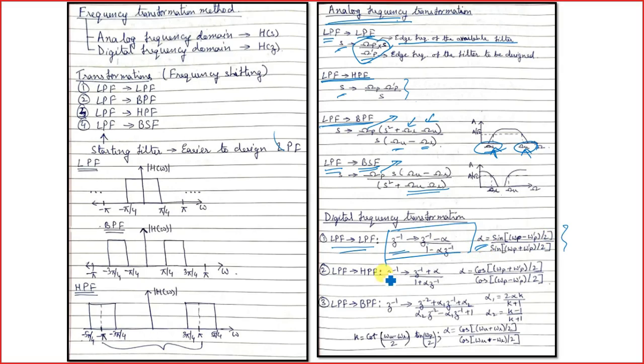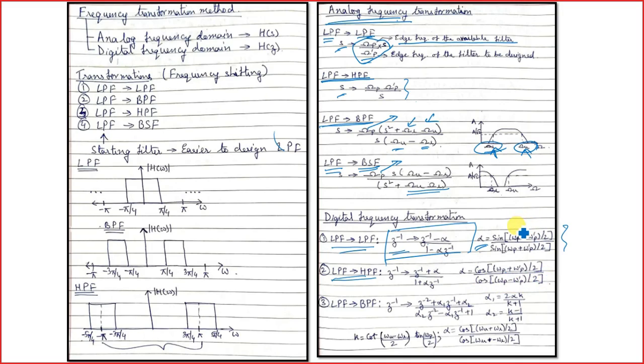Then low pass filter to high pass filter, Z inverse to Z inverse plus alpha divided by 1 plus alpha Z inverse, and here alpha is given by cos of omega p plus omega dash p divided by 2 divided by cos of omega p minus omega dash p divided by 2.